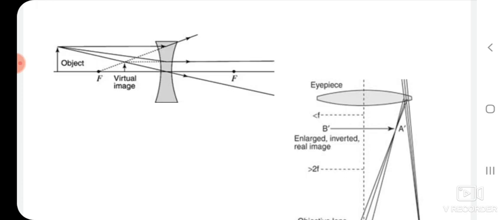Similarly, for a ray diagram for a diverging lens also, the focal length is positive for a converging lens and negative for a diverging lens. The object and the image distances are positive if they are on opposite sides of the lens and negative if they are on the same side.